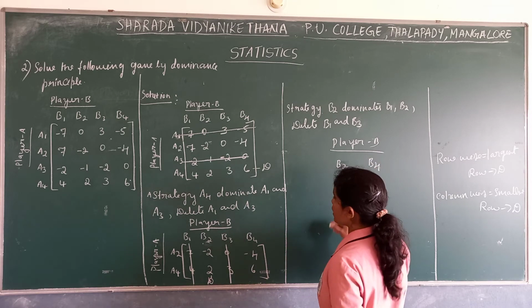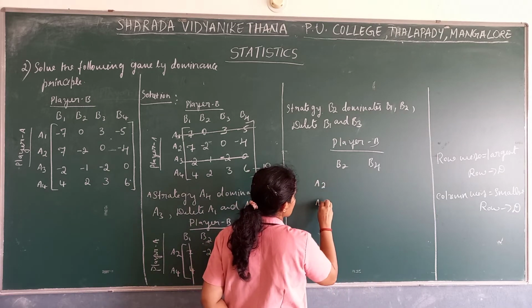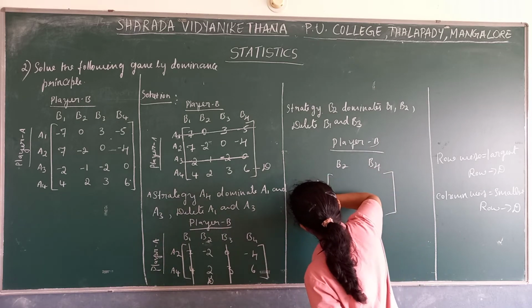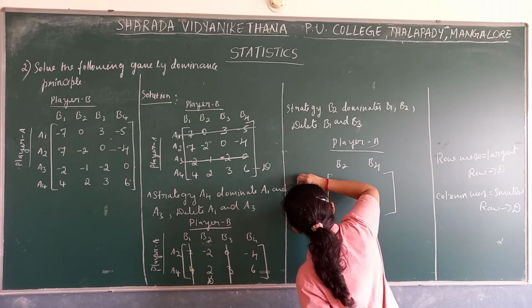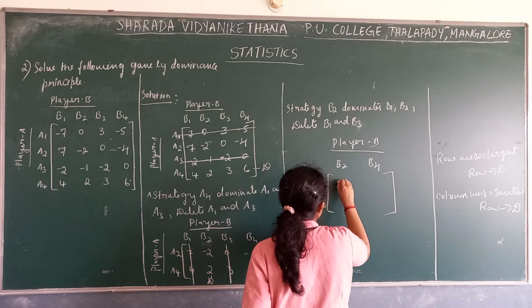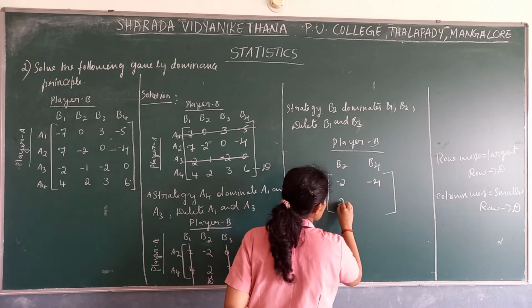Player A, strategies A2 and A4. Values are -2, -4, 2 and 6.